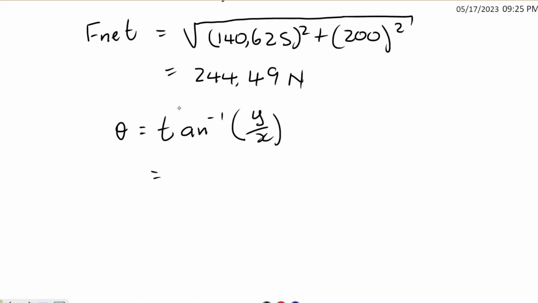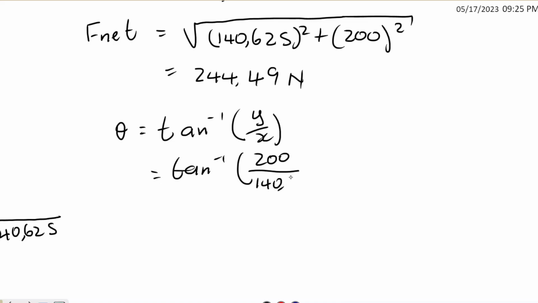In our case, y will be F of Z, which is 200 newtons, and x will be 140.625. So it will be tan inverse of 200 divided by 140.625.